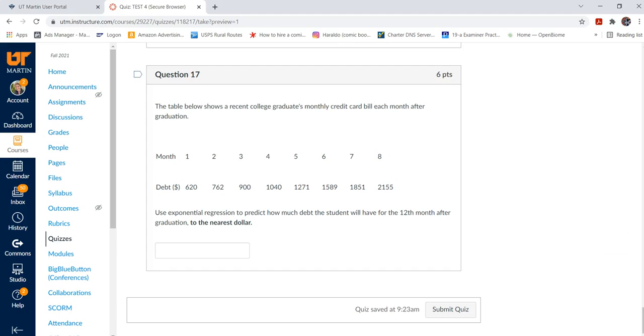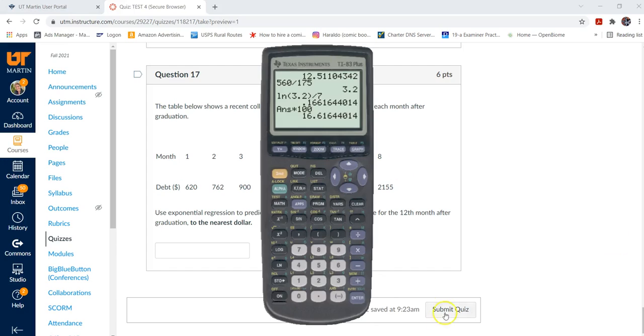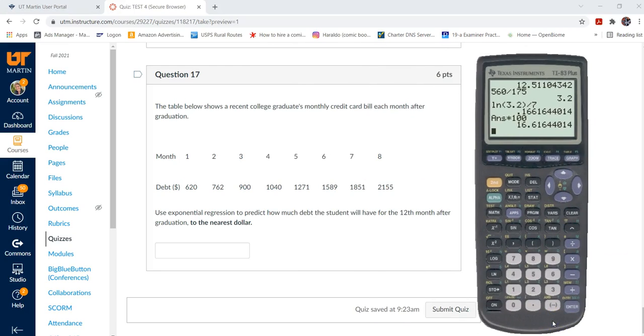Okay, and the last question, I have to put this into a calculator. I need to clear out list 1 and list 2. So here I'm going to have 1, 2, 3, 4, 5, 6, 7, 8.